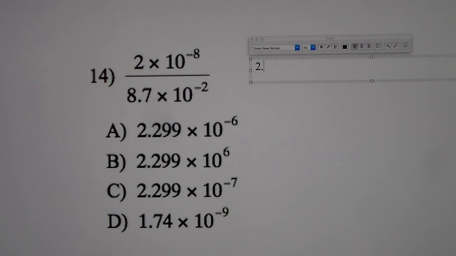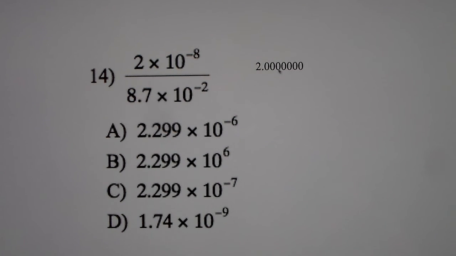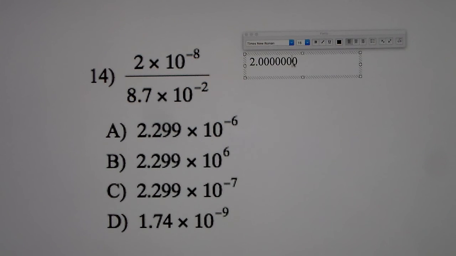So it'll be 2.0000. And when I move it over 6 times, it'll be 1, 2, 3, 4, 5, 6. So it's going to be 2 million, times 10. And since I moved it to the right 6 times, I add 6 to that negative 8. So negative 8 plus 6 gets us negative 2.